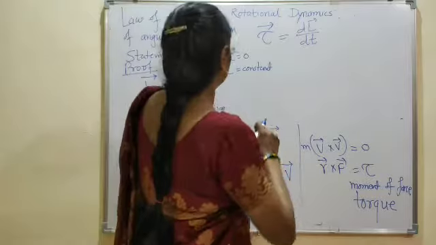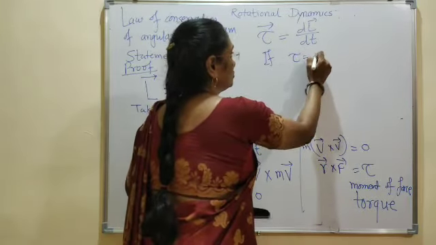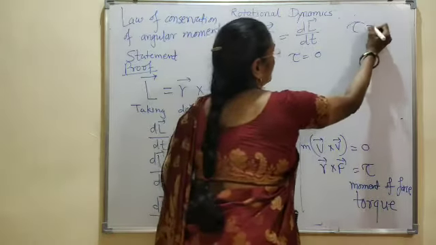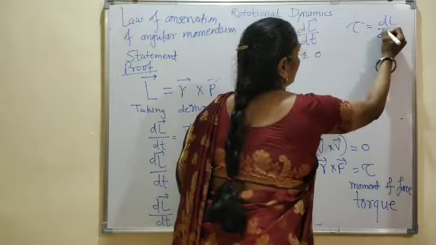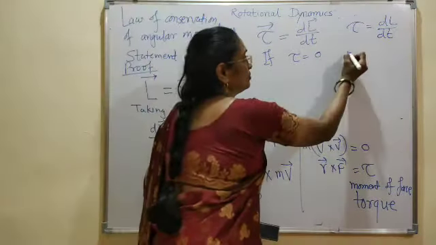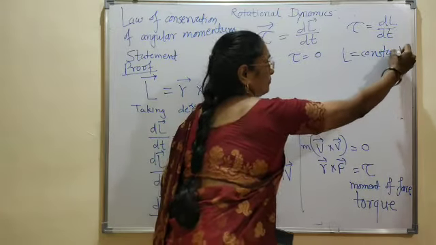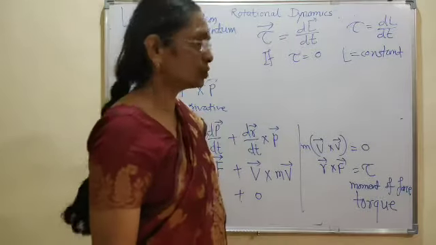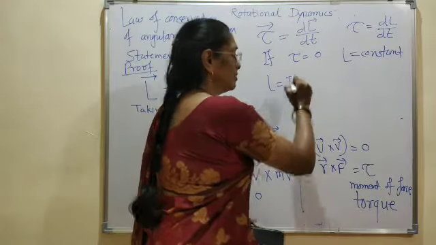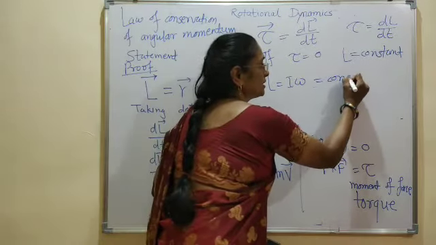So if we take torque as 0 and take this as the scalar equation, tau is equal to dL by dt. If tau is equal to 0, then L is equal to constant, meaning angular momentum is constant. But we have just derived that L is equal to I omega. So I omega also remains constant.